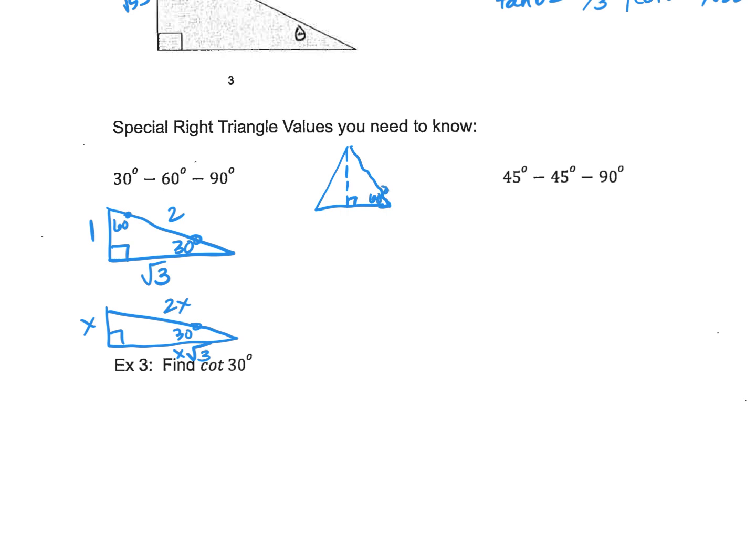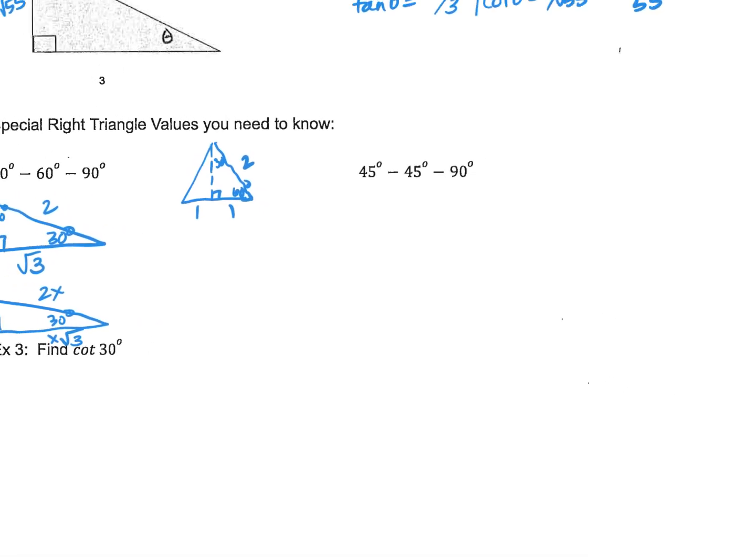Well, half of 60 is what? 30. And if this is 1 right here, then this is also 1, isn't it? Because it's split in half. So 1 plus 1, and since all 3 sides are the same, that would make this 2. And then the Pythagorean theorem would give you the third side, which is root 3, because 4 minus 1 is 3. That's where it comes from, okay? So the 30, 60, 90 comes from splitting down an equilateral triangle.